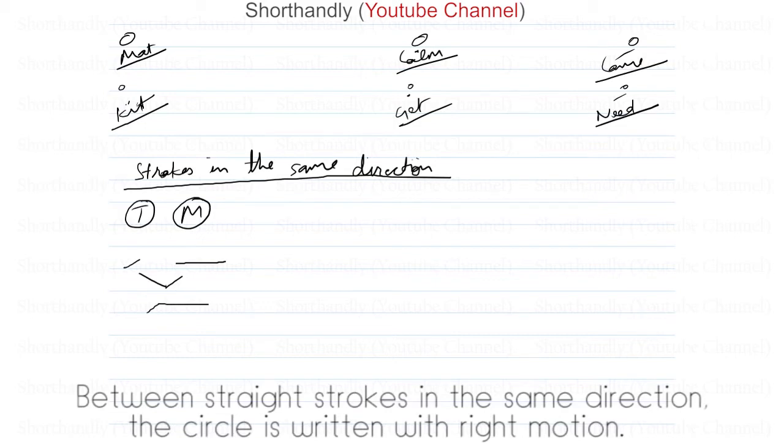Here the first stroke goes in this direction, then the next stroke turns to the right. So we won't call this strokes in the same direction, because first it went in this direction, then it changed its direction.